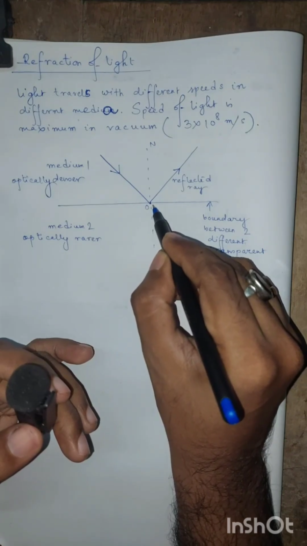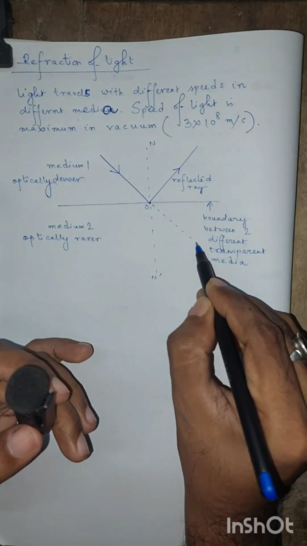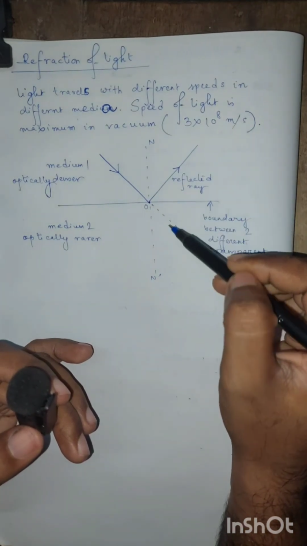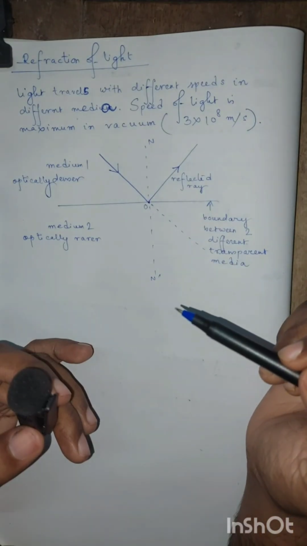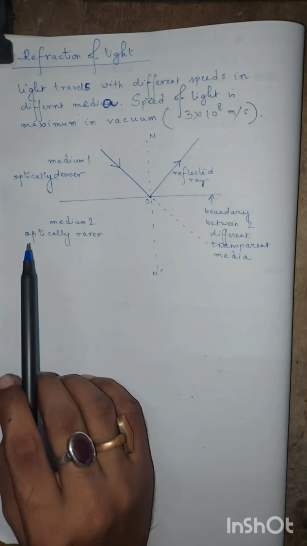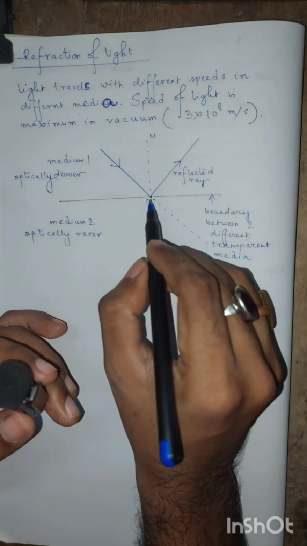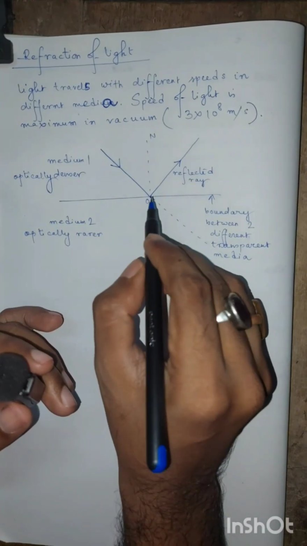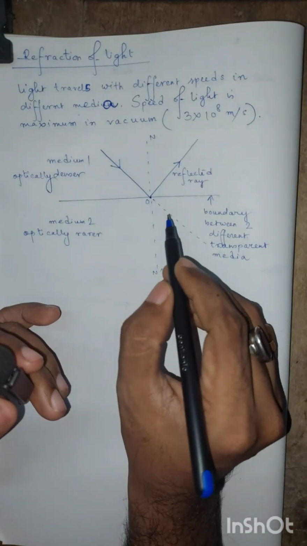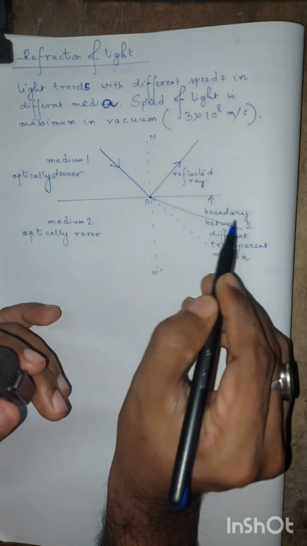The direction of incident ray is this, but when it changes medium, for example, it is entering an optically rarer medium, then the ray bends away from the normal. The refracted ray bends away from the normal.